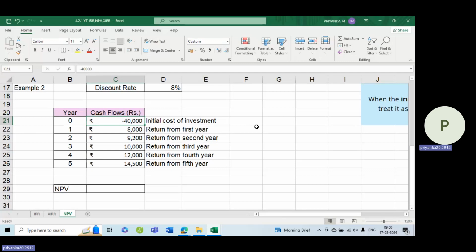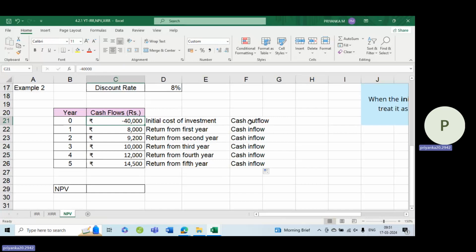You have to remember that. All the remaining things are my cash inflows, or the returns which we'll be getting.